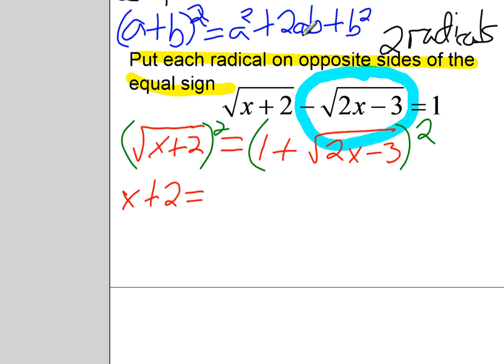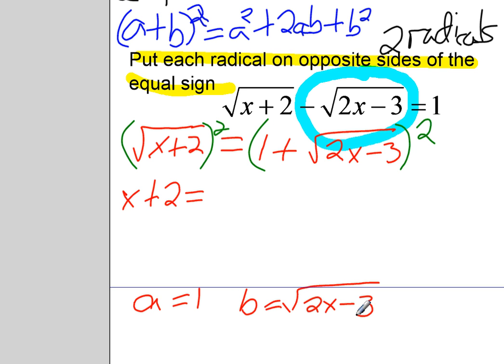On the right-hand side of the equal sign, there are two terms. a is equal to 1, and b is equal to the square root of 2x minus 3.